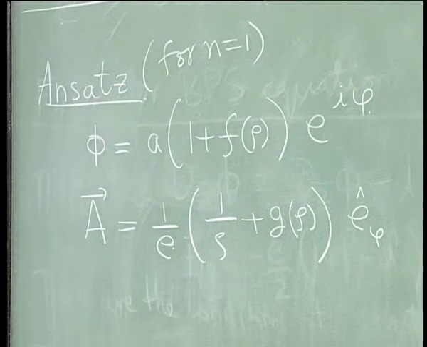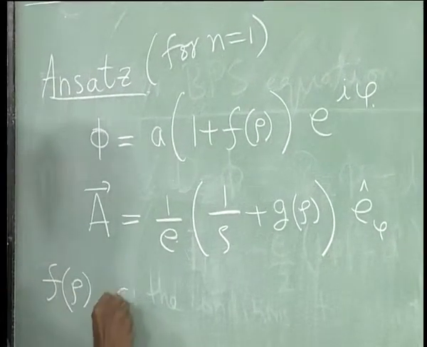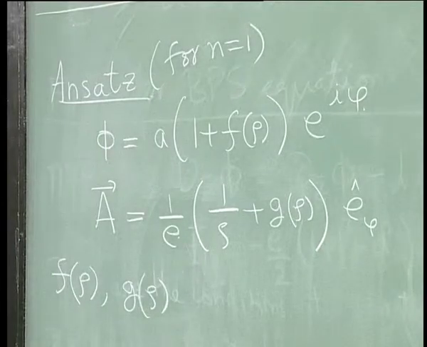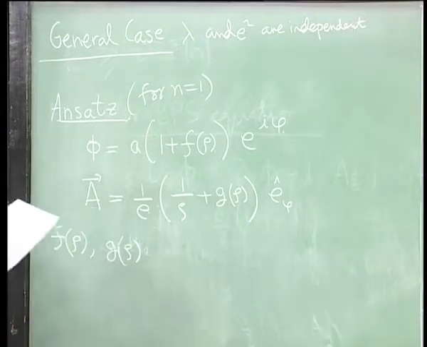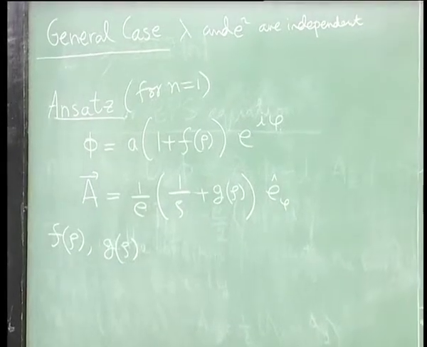So really what you have is 2 unknown functions, f of rho and g of rho. Unlike the other case, where we had only one function phi, because everything was determined in terms of that, now we no longer have that freedom. f and g are independent of each other.